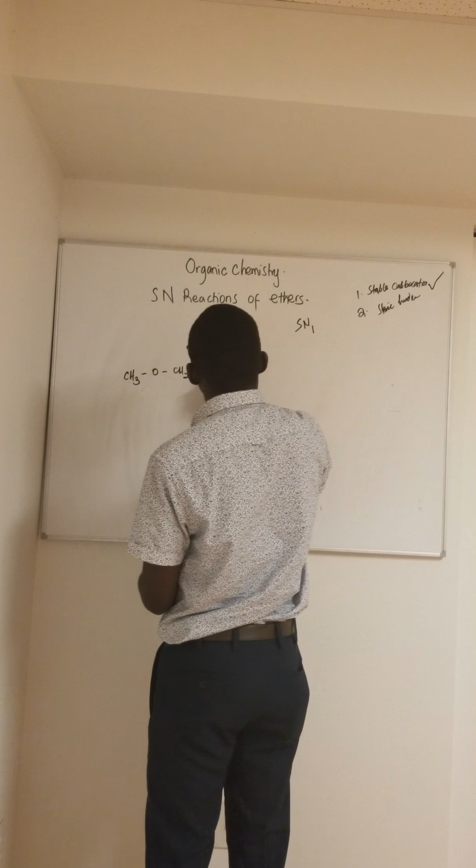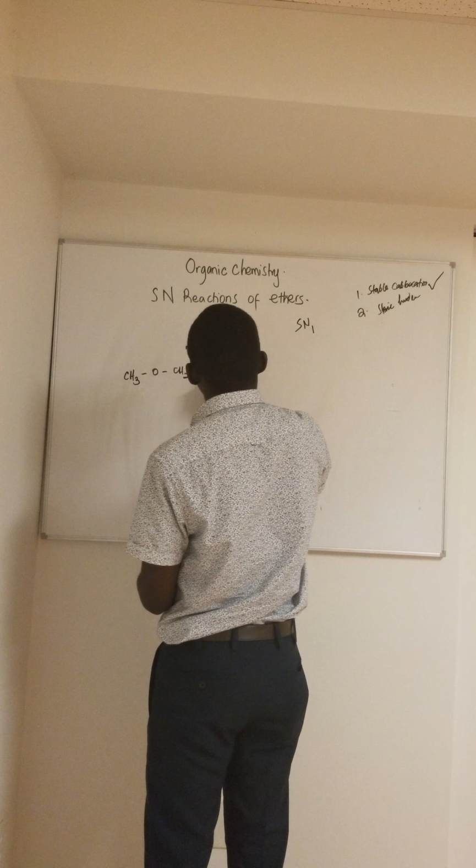Imagine I have methoxypropane, and I'm reacting it with hydrogen iodide. Remember, iodine is more electronegative than hydrogen, so we shall have these bonds partial positive, partial negative.